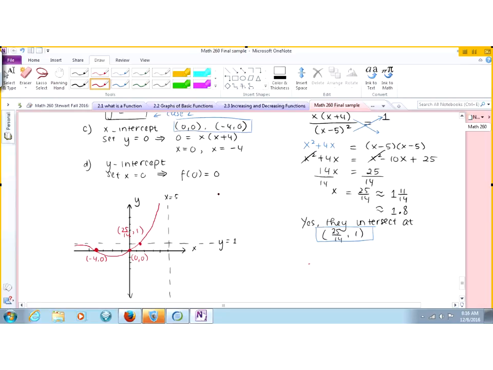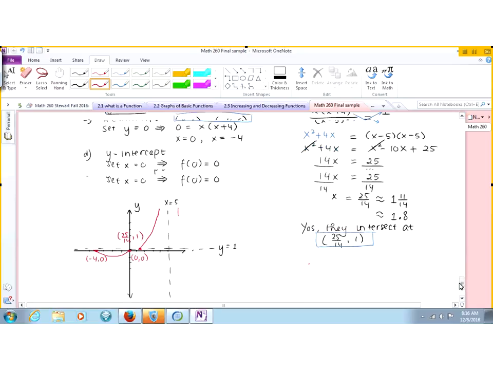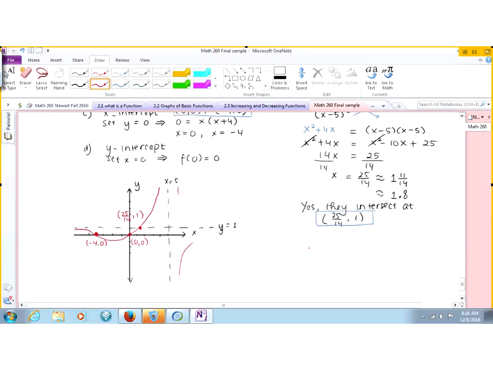Now, let's figure out what happens to the right. Do you think it's going to start up here, or is it going to start down here? Is it going to look like this or look like this? Which one and why?